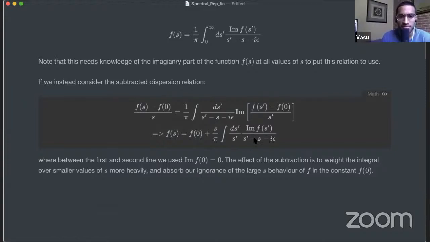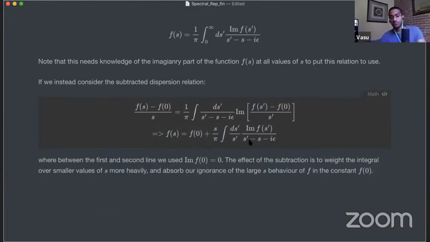And I have now basically a handle on f of S given knowledge of this quantity even at lower energies. This sort of weights the low energy part, or the low S part, of the integral more heavily than the highest part of the integral.